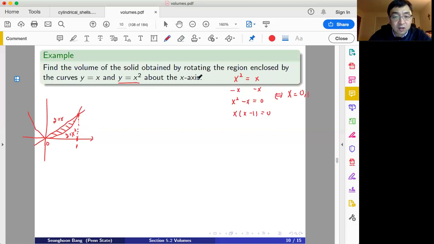Next, rotate this region about the x-axis. You have to rotate about the x-axis. So what happens?